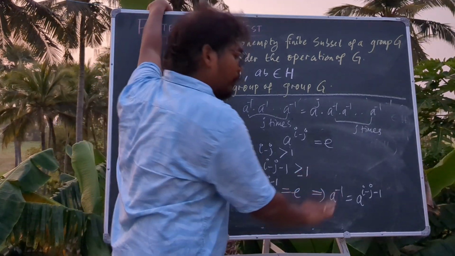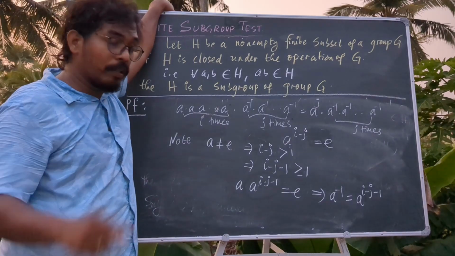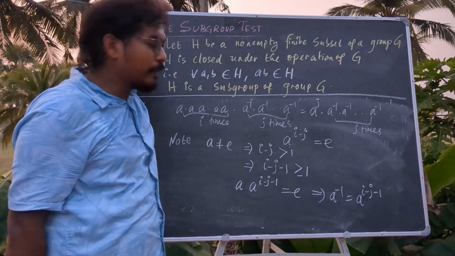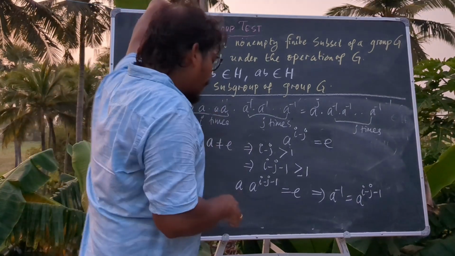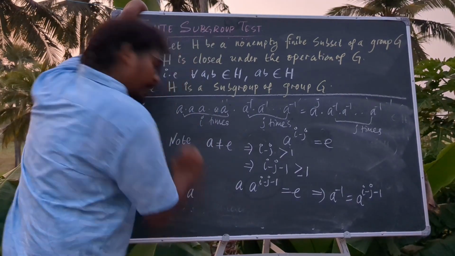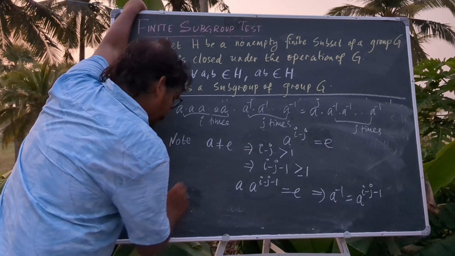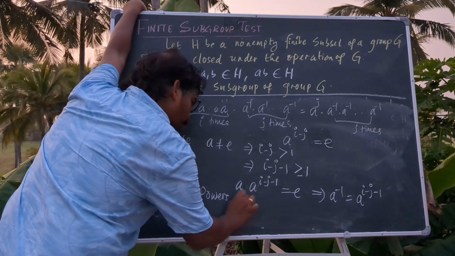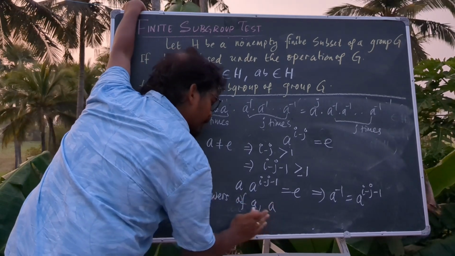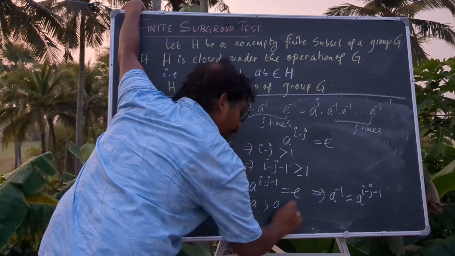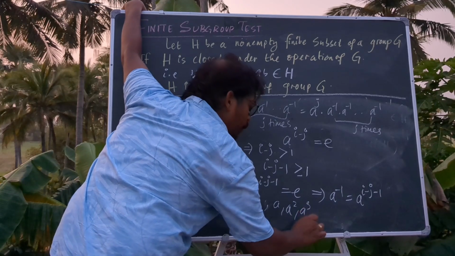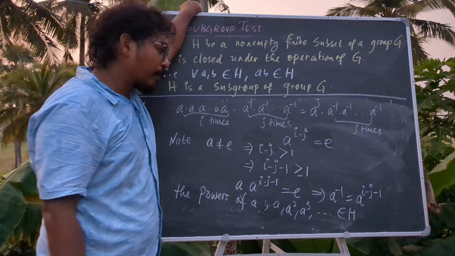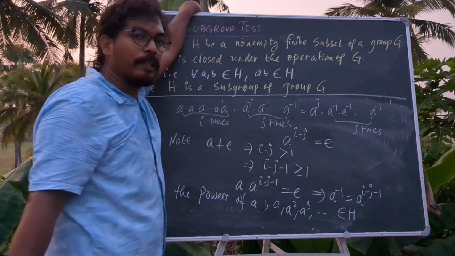We have found the inverse of a, but this element should belong to the subset H. We have seen that the powers of a, a square, a cube, all these powers belong to the subset H. And this is also a power of a.